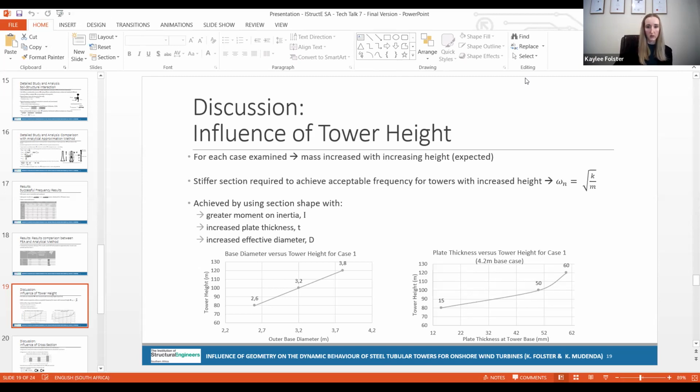So this actually makes sense, and it is what you should expect, because essentially your tower is trying to increase stiffness so that it can still produce an acceptable frequency. And this is done by making use of a greater moment of inertia, increasing your plate thickness, and increasing your effective diameter of the tower.